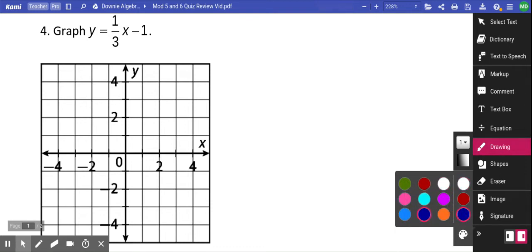For number 4, we're graphing our equation y equals 1/3 x minus 1. The first thing that we want to see is that our equation is in y equals mx plus b form.